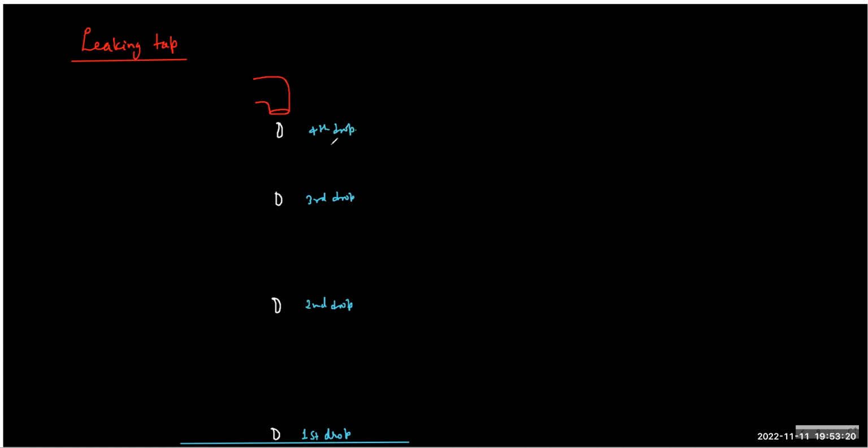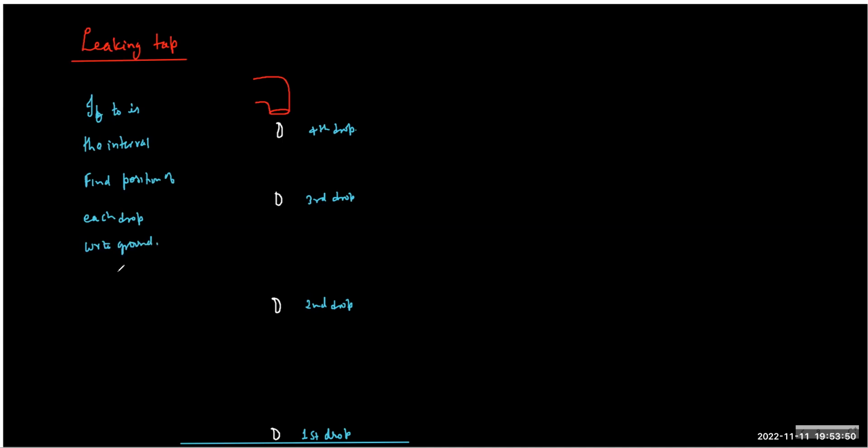So question is, if T naught is the interval, find position of each drop with respect to ground.